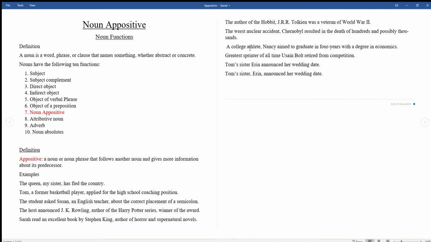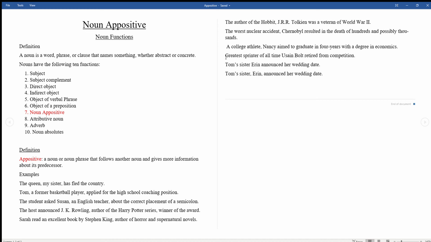We have a college athlete, Nancy, aimed to graduate in 4 years with a degree in economics. So again, we have the appositive before, it's modifying Nancy, and then we finish the sentence out. So with this appositive, just make sure if you put the appositive first that the noun that follows right after is what you want to modify or describe.